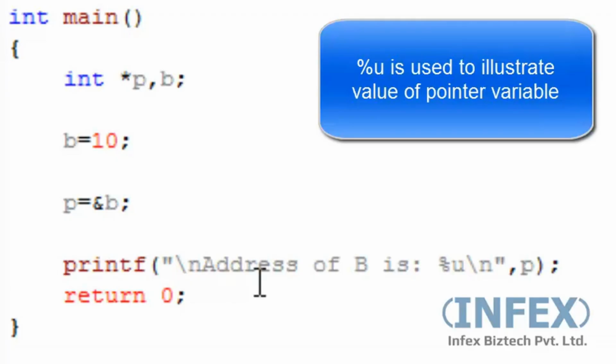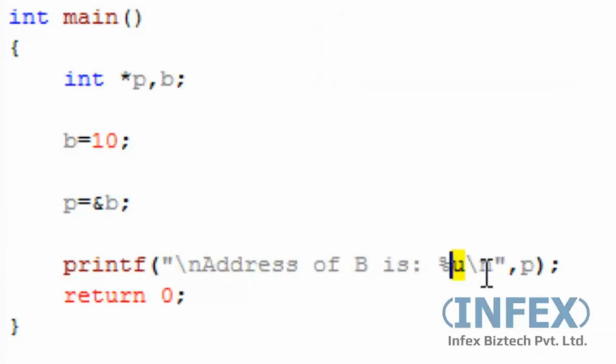When we want to show an integer, we write %d, or when displaying a string, we write %s. Likewise, to show the pointer variable, we write %u. So this is the complete program of accessing the address of a variable and storing it into the pointer variable.